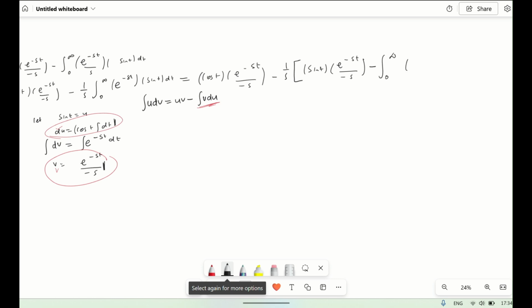So it's e to the negative st all over minus s, you multiply that with cos, so it's cos t dt.